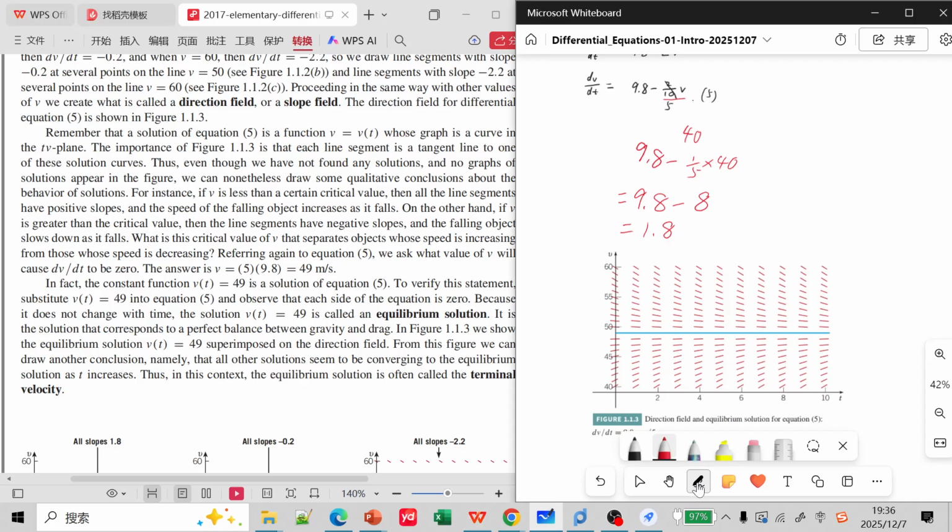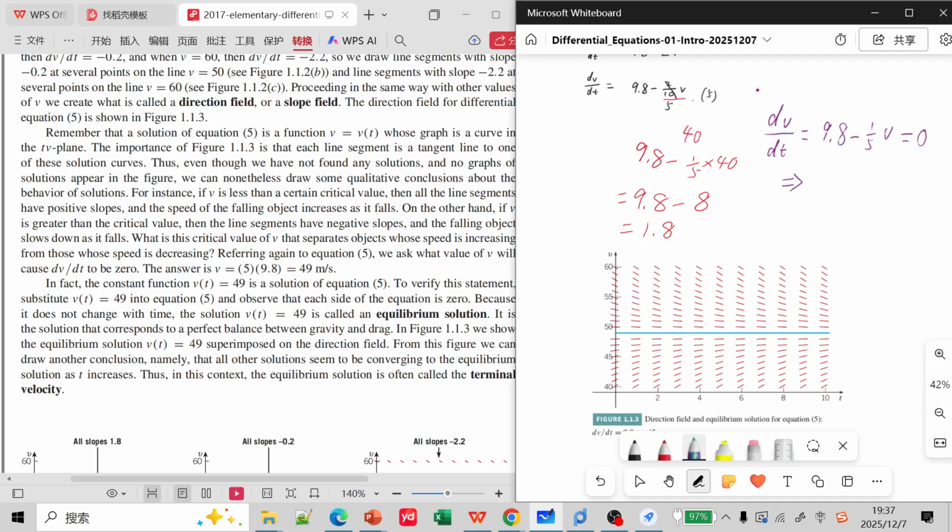Let's figure it out. We let dv over dt be equal to 0.